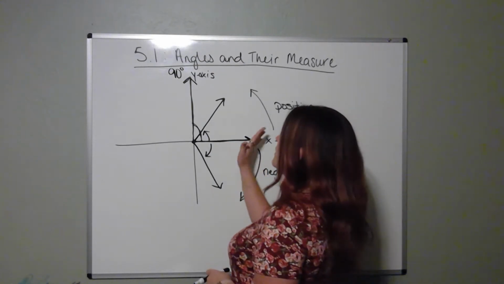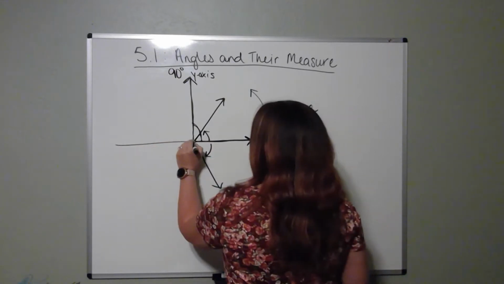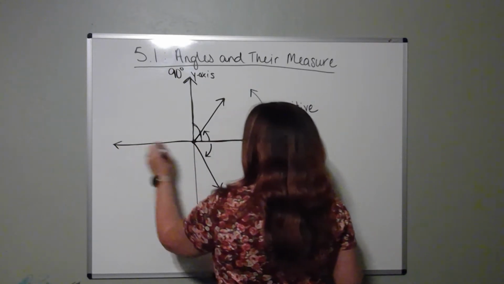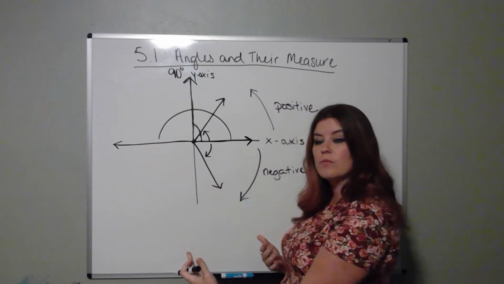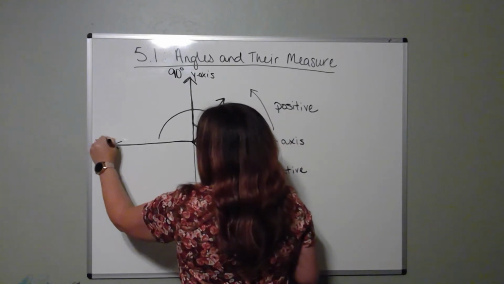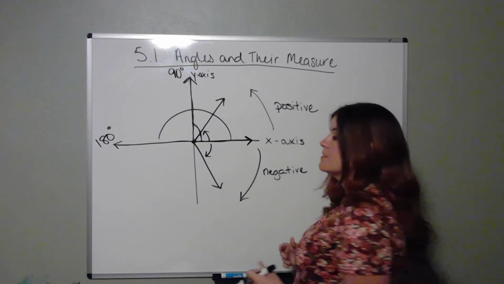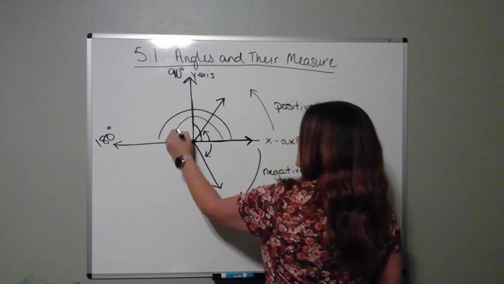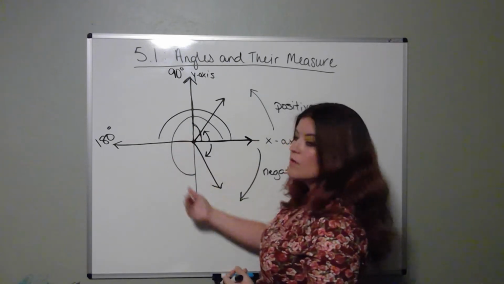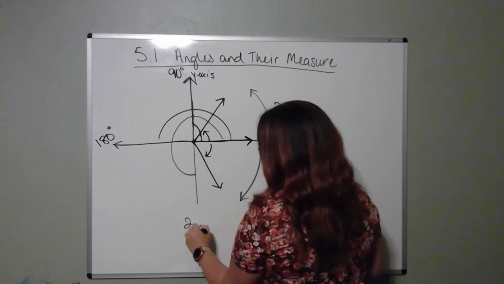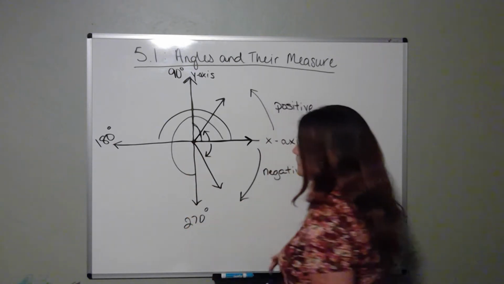Starting from here, if I went all the way over to the other side of the x-axis and my terminal side ended here, so we went all the way over this way counterclockwise, half a full rotation, then this is our 180 degrees. But starting at the initial side, if I went 3/4 of the way around counterclockwise, I would be down here at positive 270 degrees.